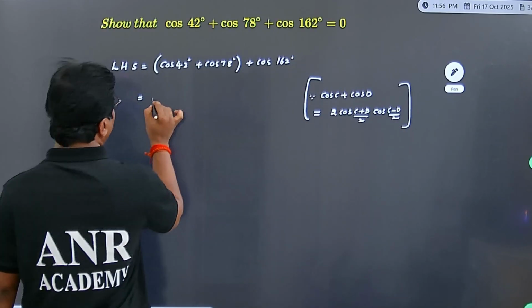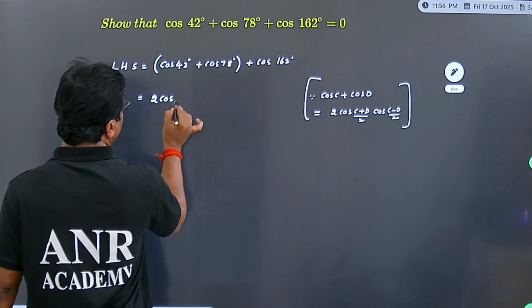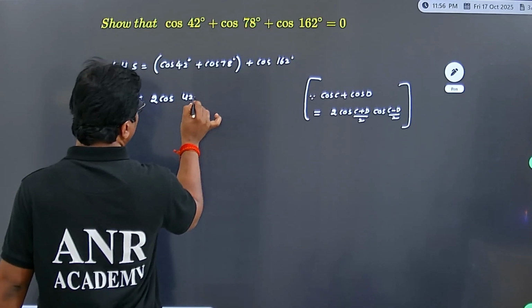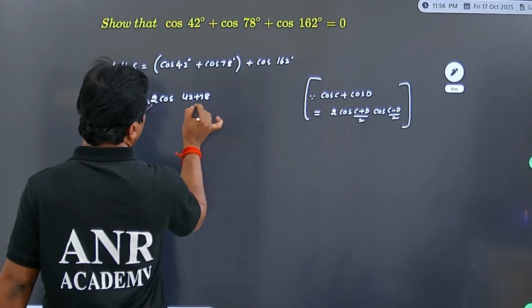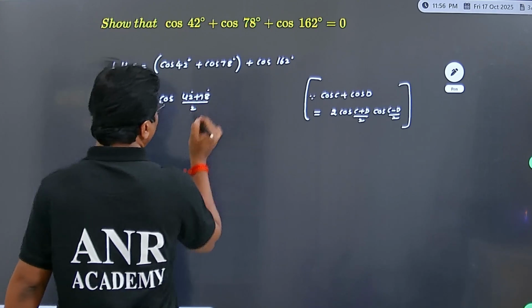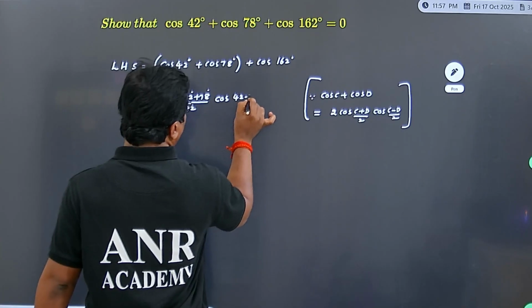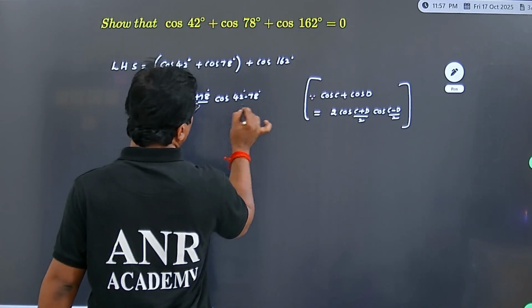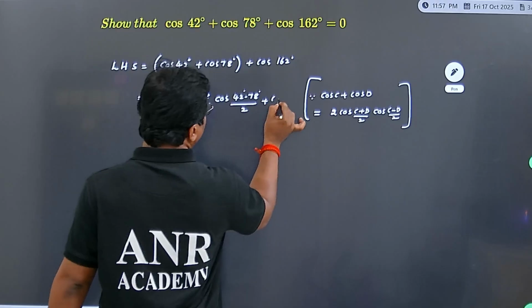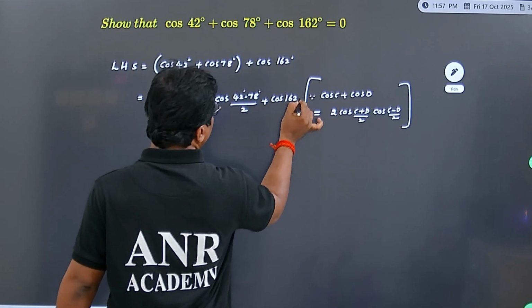So here what we get: 2 times cos of (42 plus 78) divided by 2, next cos of (42 minus 78) divided by 2, plus cos 162 degrees.